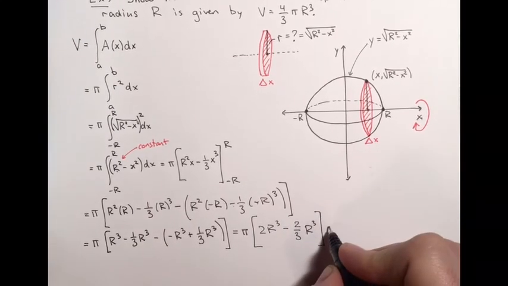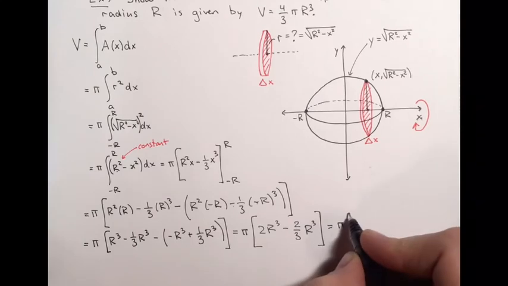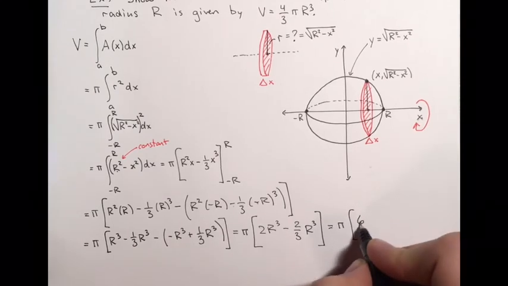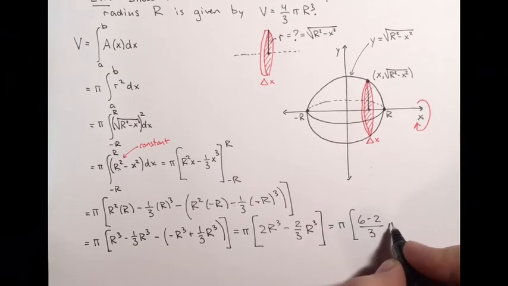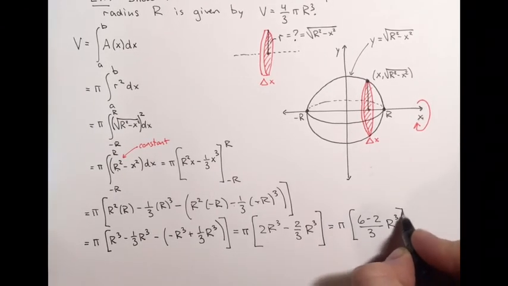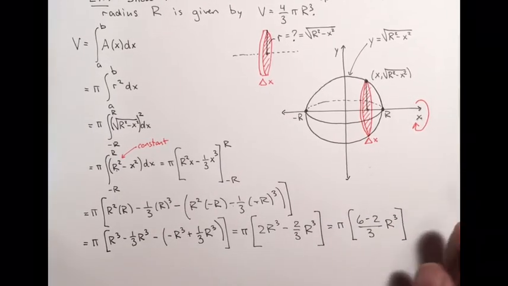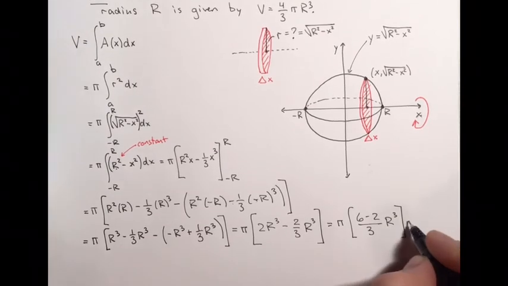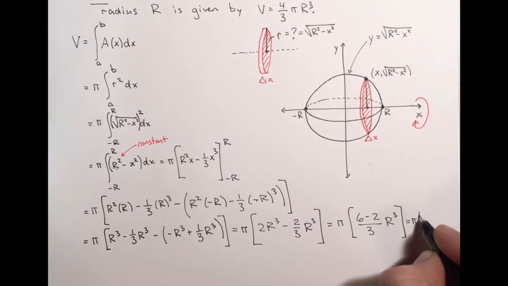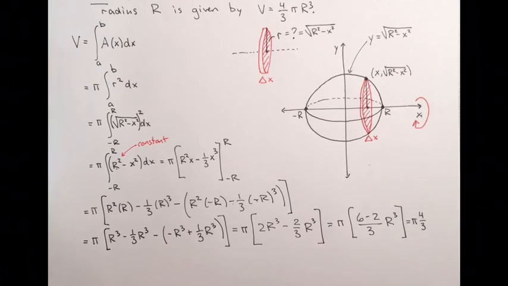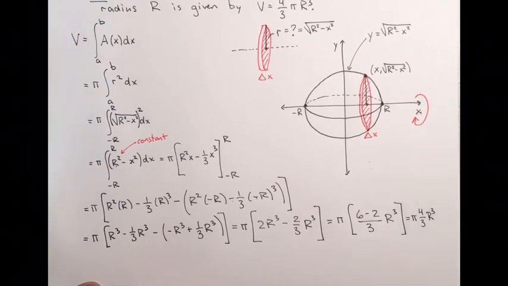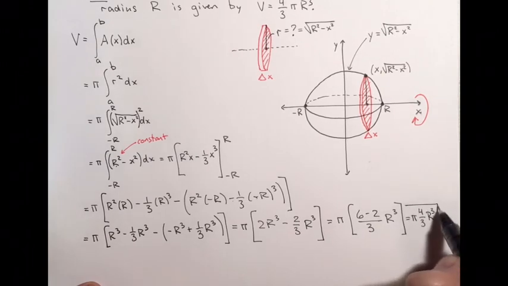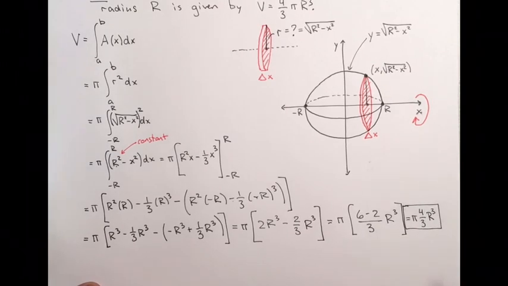And so what we end up with is pi multiplied by 6/3 minus 2/3 r to the power of 3. And this is, of course, what we're looking at. This is going to give us our pi times 4/3 r to the power of 3. And that is it.